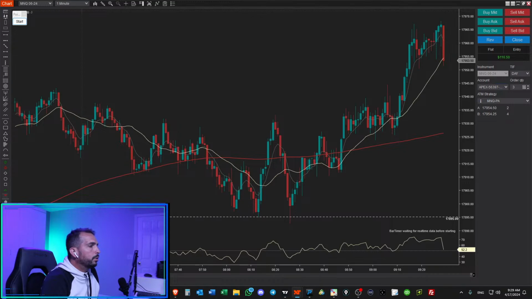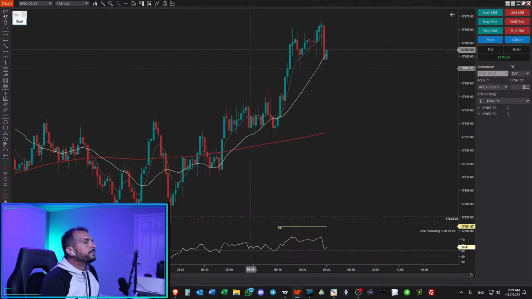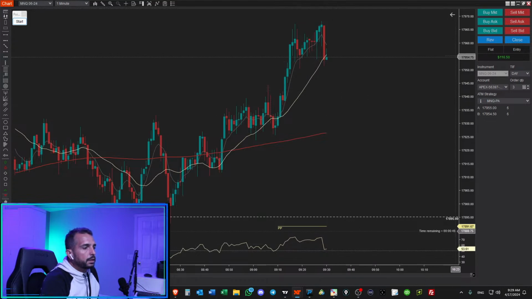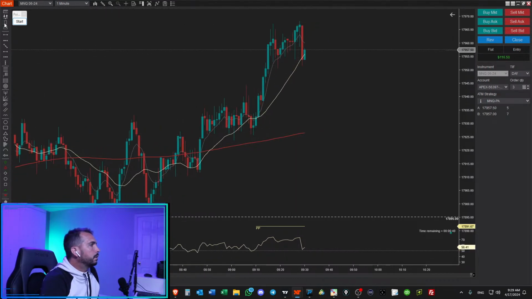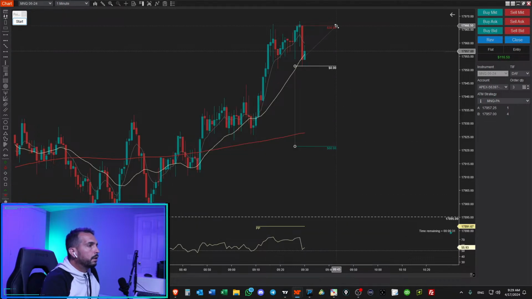I like to keep it on the 1 because the opening is pretty volatile. All right, so 1 minute to the open, like this, but pretty dangerous with the open, but we can definitely come down here. What's the stop on this? $30, one contract.